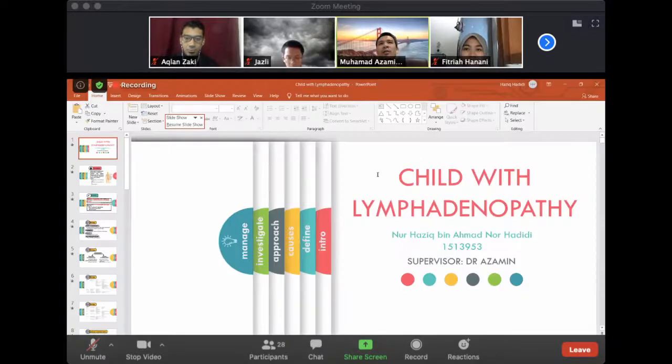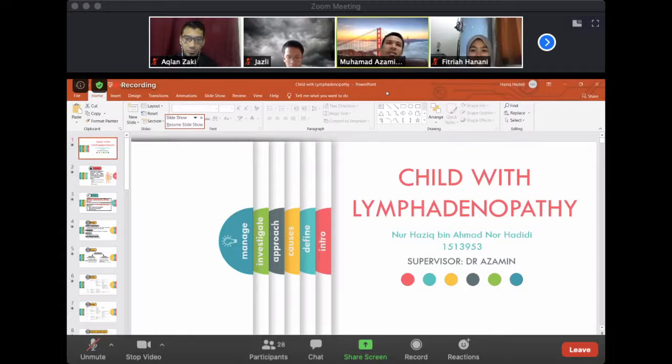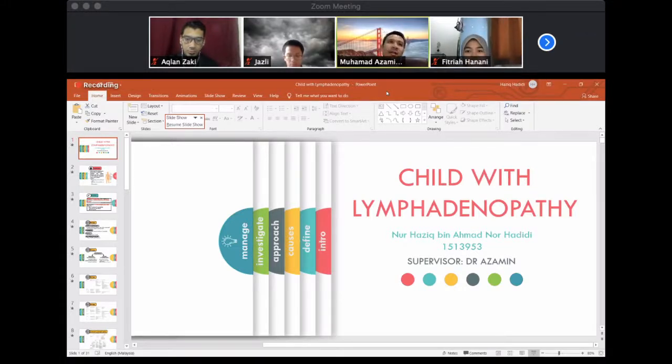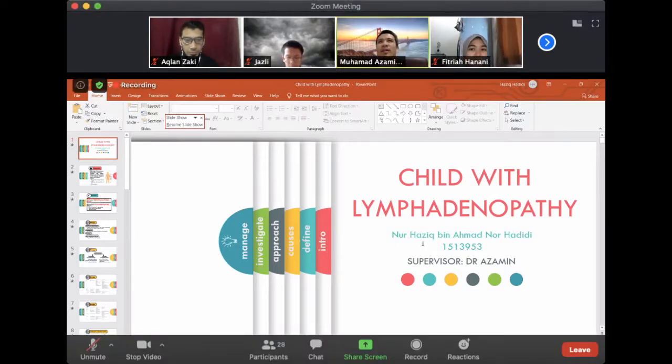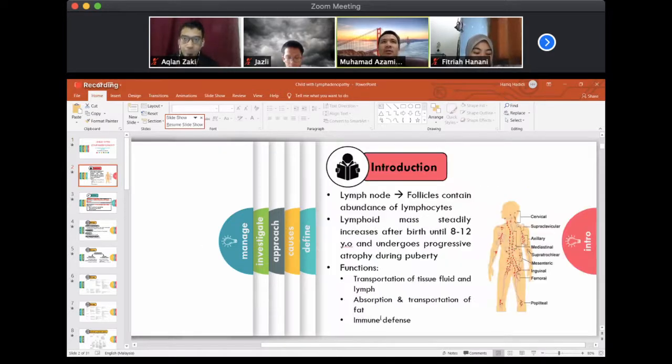So it's quite common for them to have big lymph nodes, especially children who always come with recurrent tonsillitis, around 2 to 3 years old. So the reason for that is the tonsil becomes swollen, becomes bigger every time they get a very simple URTI symptom. The tonsils tend to be infected, so the tonsil becomes the source of infection, which is very common.